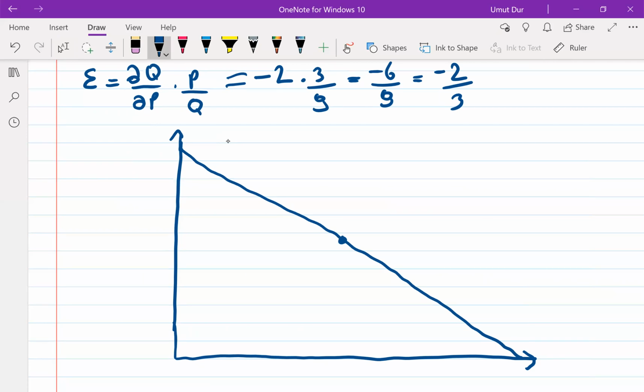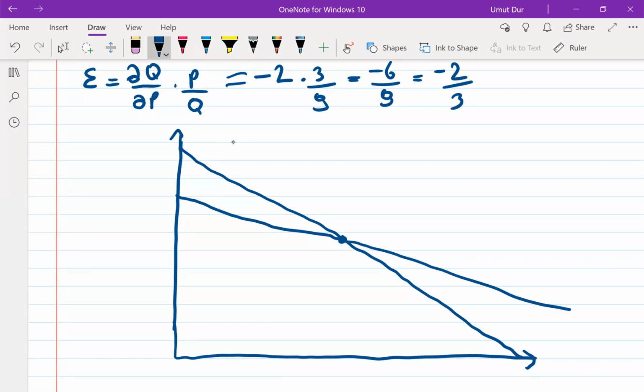Let's say this is a fixed point. So this is demand 1 and this is demand 2. As you can see, both pass through the same point, with the same P and Q.